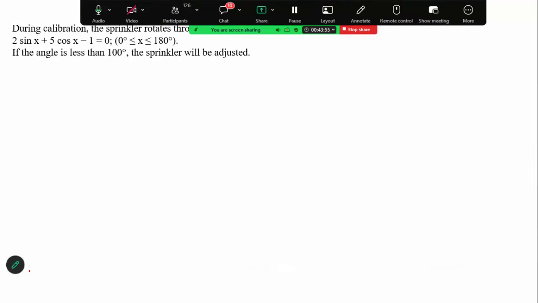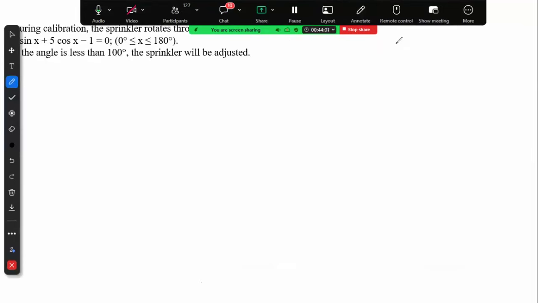Here I want to first remind you of a few things. Number one, when we are working out angles, you need to be well conversant with the quadrants. Number two, you need to know which approach you are going to use. We have different approaches.